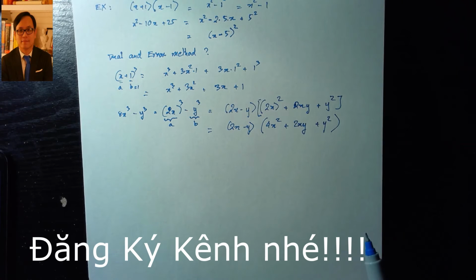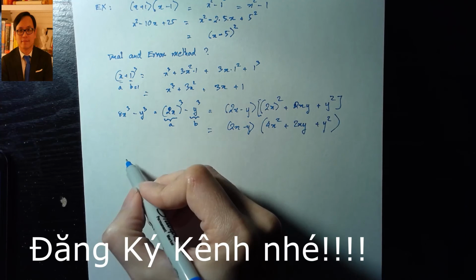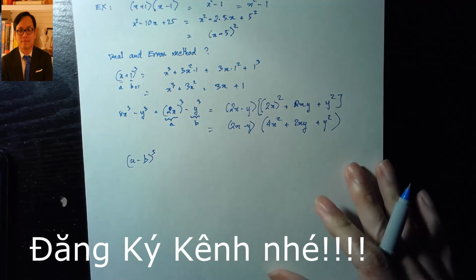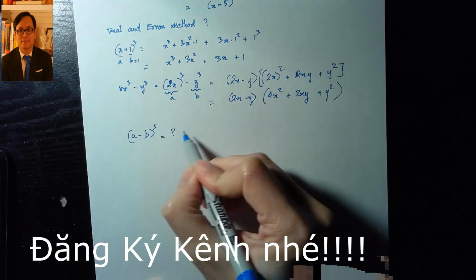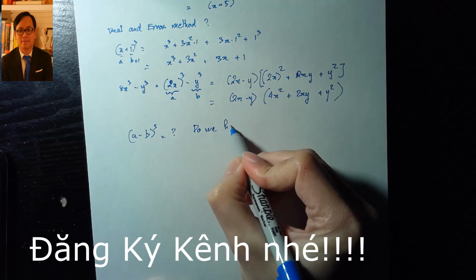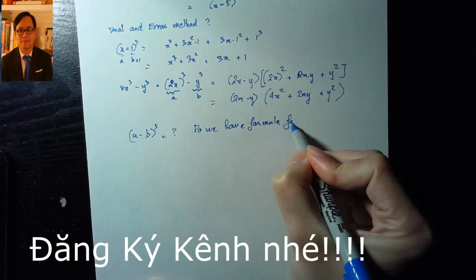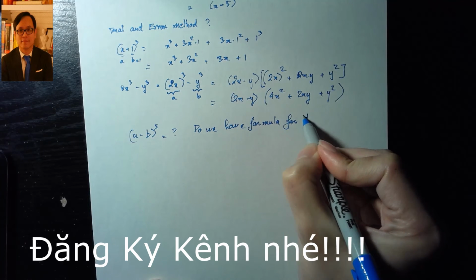A lot of students ask me whether we have a formula for a to the 4th minus b to the 4th, or how about a minus b to the 5th power? How are we going to do this? Do we have a formula for this? That's the question.